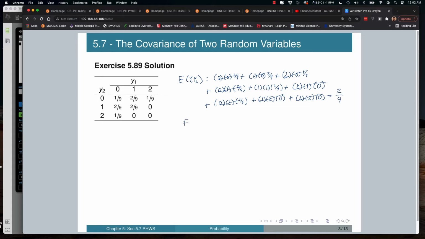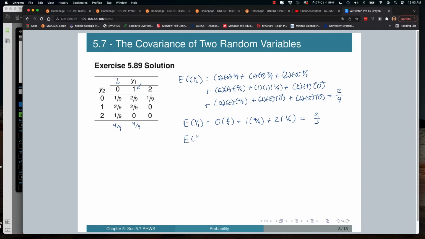The expected value of y sub 1 is taking the discrete values of y sub 1 and multiplying each by its marginal probability, which is just summing up the column. When y sub 1 equals 0, that becomes 4/9. So we get 0 times 4/9 plus 1 times 4/9 plus 2 times 1/9 for the last column, and this cleans up to be just 2/3.